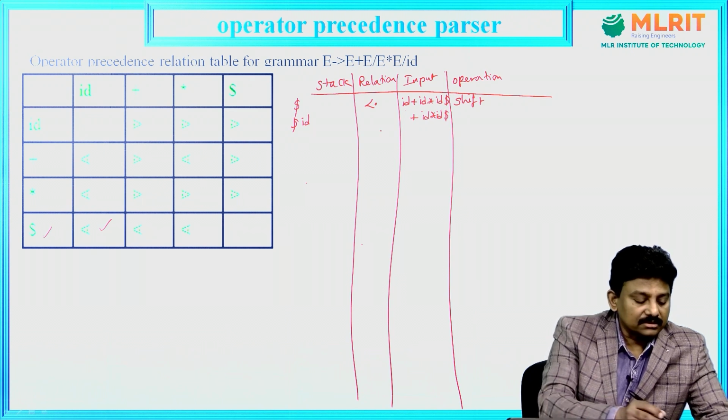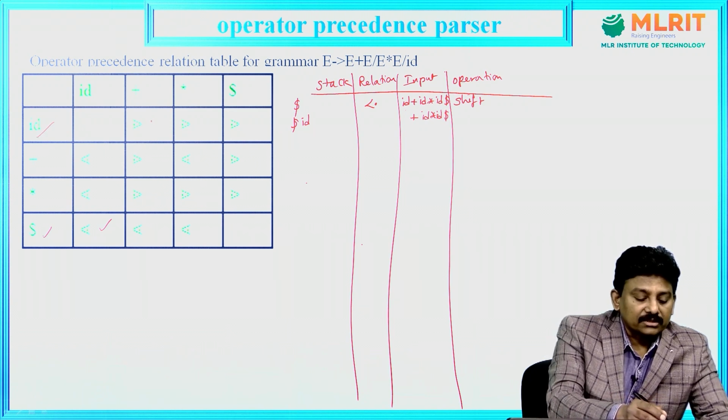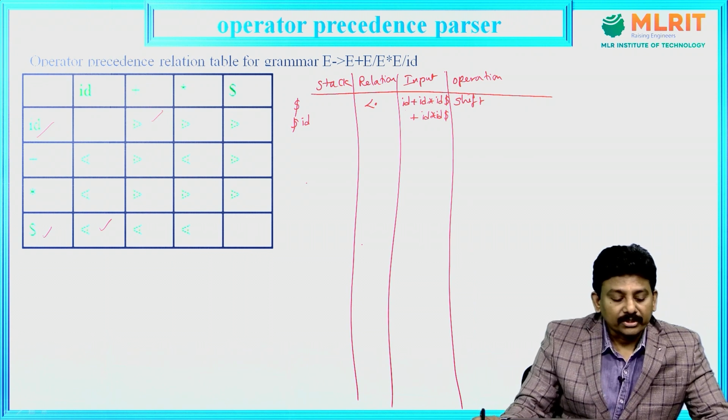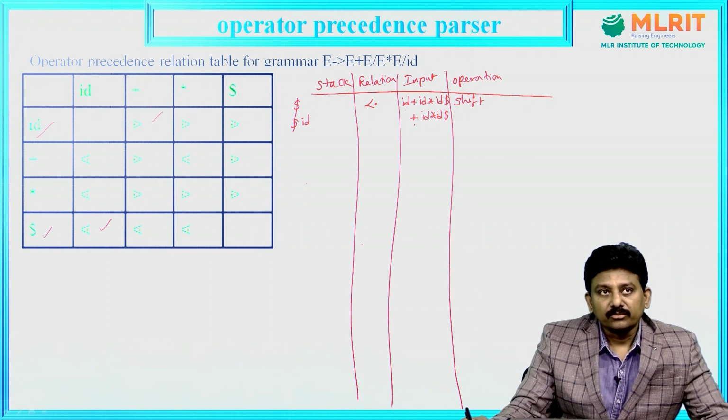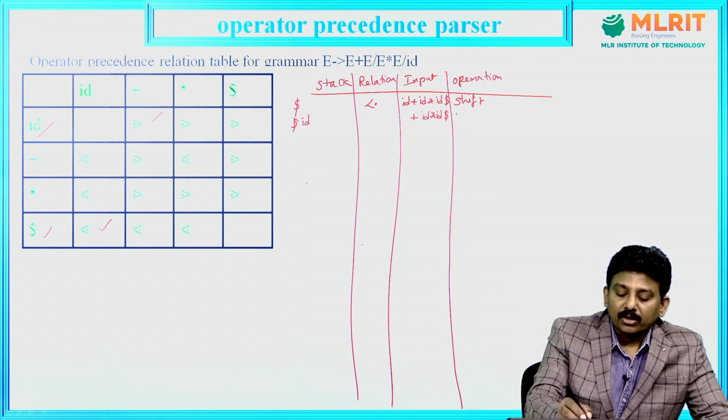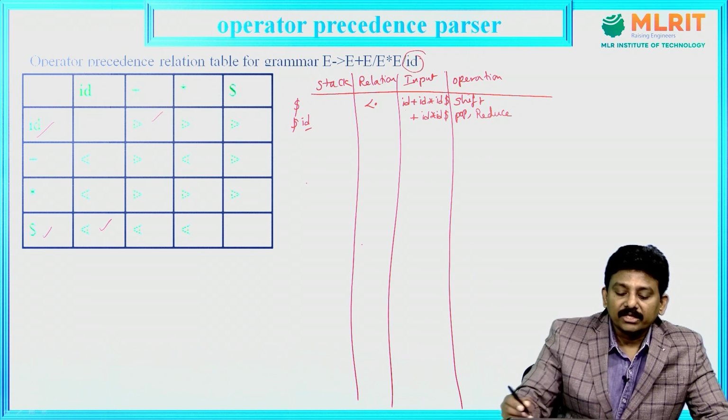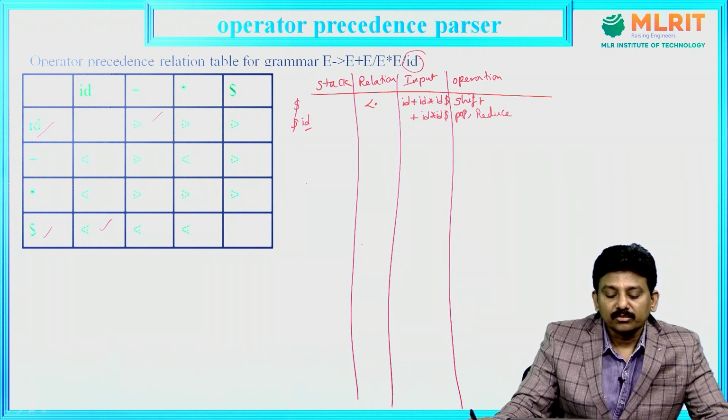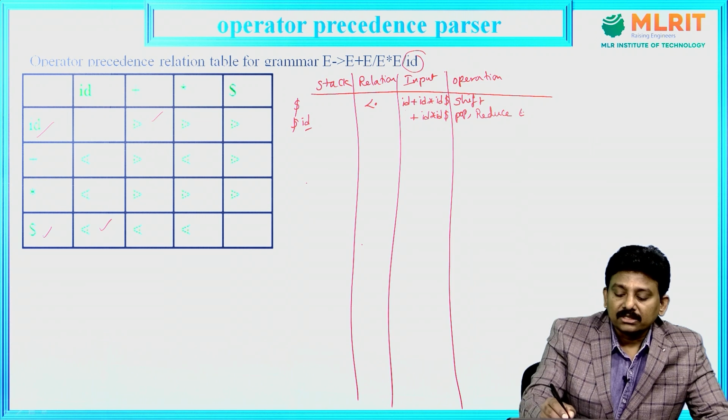Identifier and plus: identifier has more precedence than plus. If the symbol on the stack has more precedence than the symbol on the input, we perform pop and reduce by the production. So ID is a handle matching the right-hand side, the body of the production E derives ID.